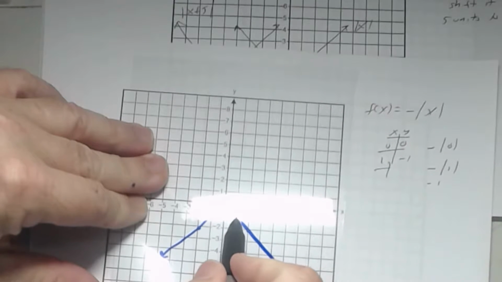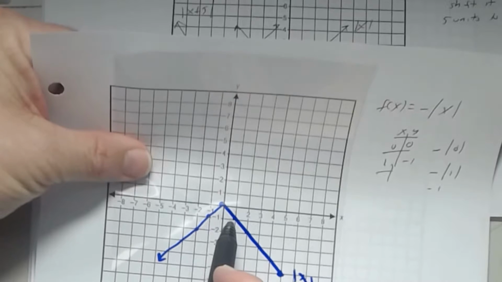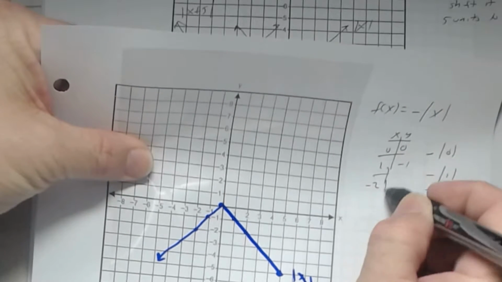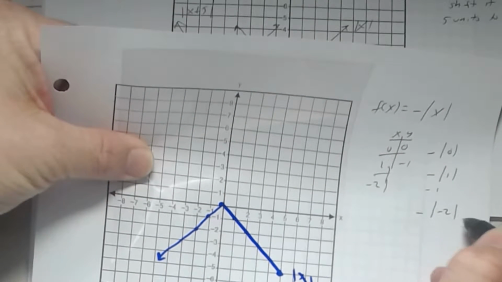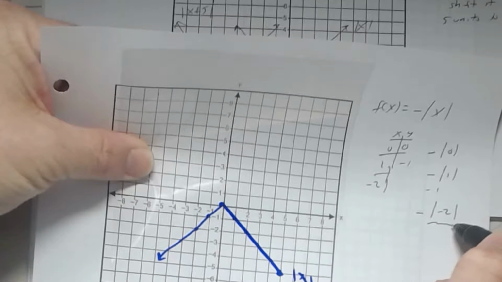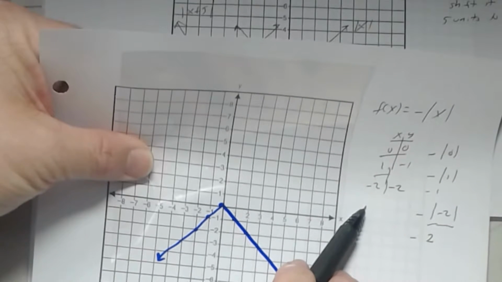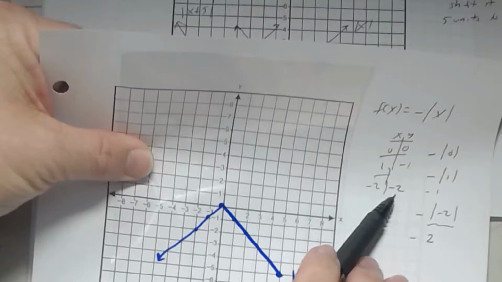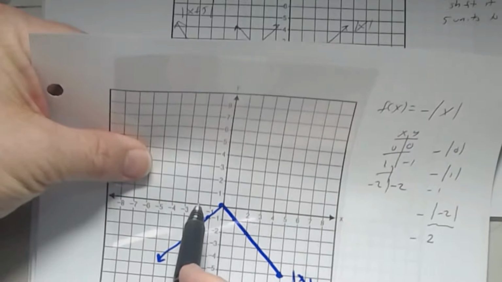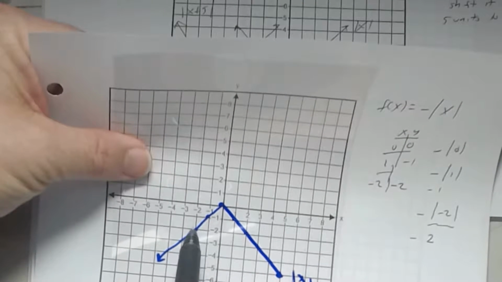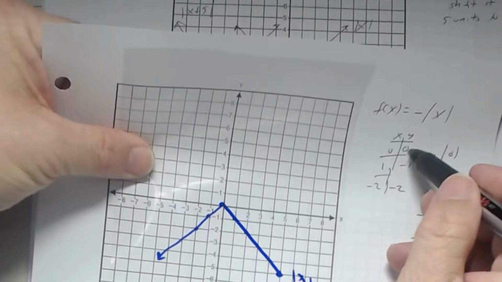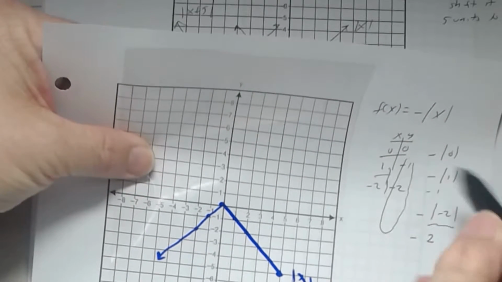See that -1 right here? If x is -2, what's negative absolute value of -2? What's absolute value of -2? 2. So this is a negative 2. So when x is -2, my y value is -2. Kind of makes sense because look, -2, -2.